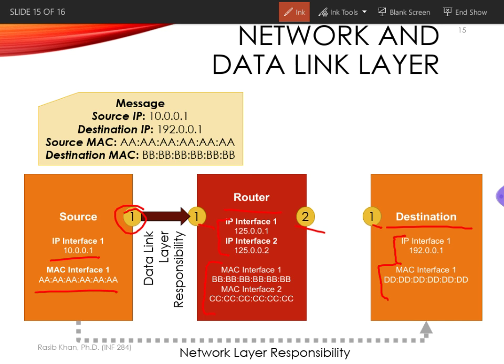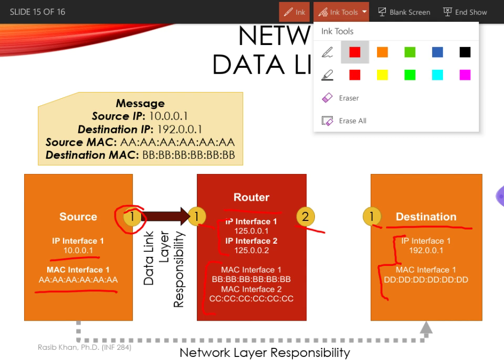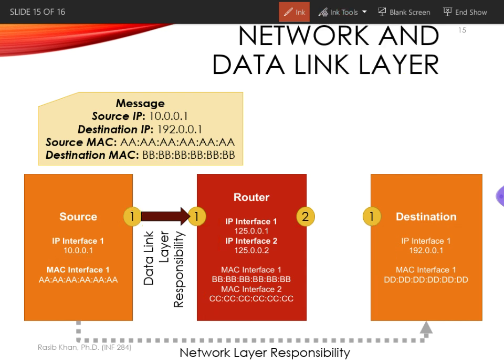So if a message is intended to be sent from the source to the destination, the end-to-end transmission is the responsibility of the network layer. On the other hand, the direct transfer is the responsibility of the data link layer.